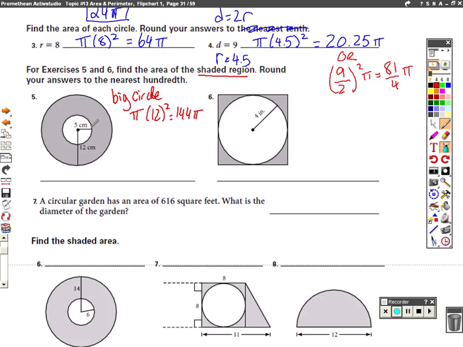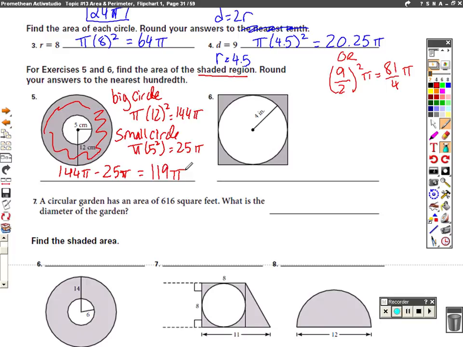In the center, we've got this small circle. And that radius right there is 5, so that's pi times 5 squared, or 25 pi. So in order to get just the shaded region, we're going to take that big circle and subtract the little circle in the middle. So we're going to take 144 pi minus 25 pi. And when we go ahead and do this, we are going to get 119 pi.